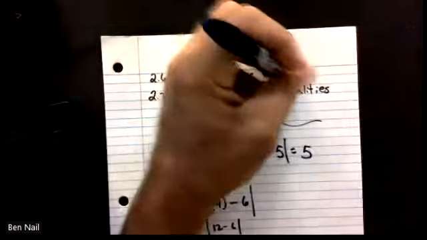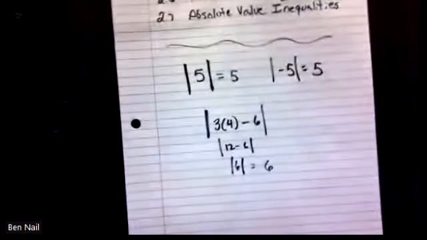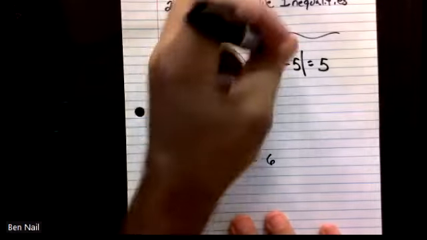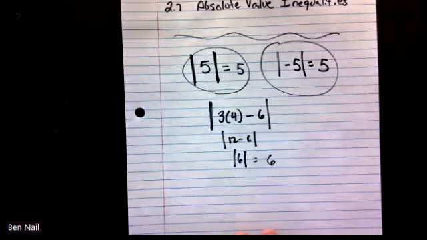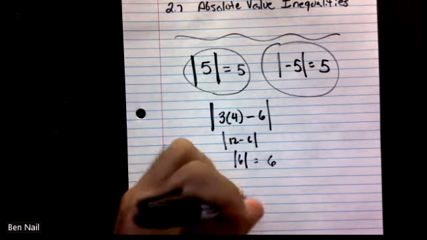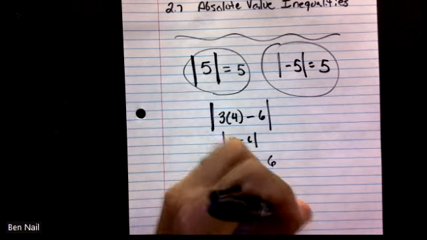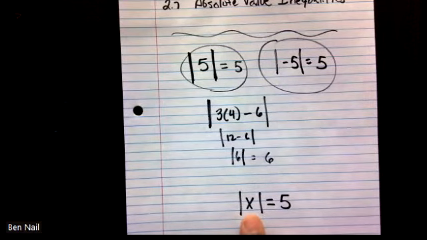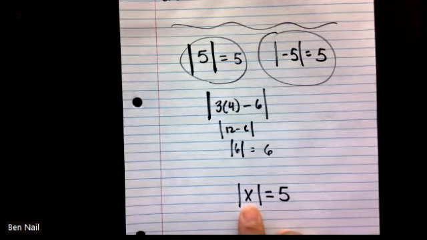But again, we're going to be solving some equations, so they're going to give us things to do with X. Now I'm going to draw back to this example. If I said the absolute value of X equals 5, what is X? What number should X be?